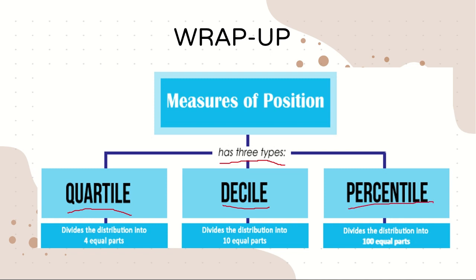But also, the median is a measure of position, but it is already included in the discussion of measures of central tendency. So the quartile divides the distribution into 4 equal parts, while the decile divides the distribution into 10 equal parts, and the percentile into 100 equal parts. So I hope that you learned from today's lesson. So that's all for today's video.